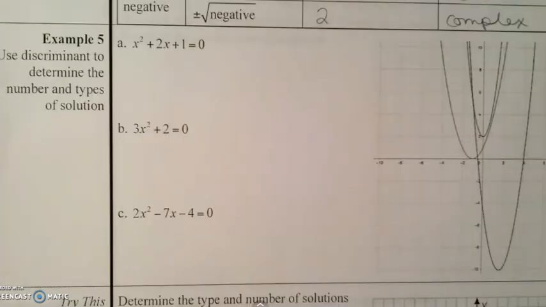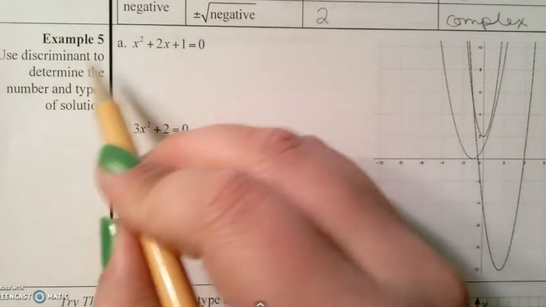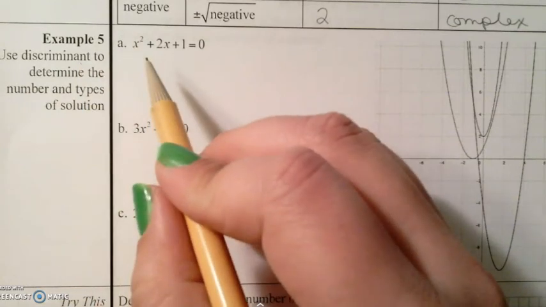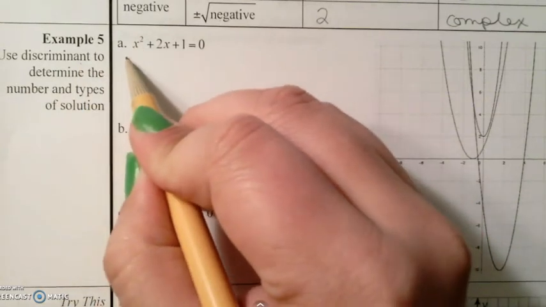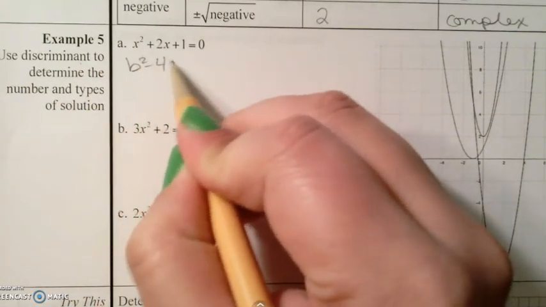All right, our last example for the day: we want to look at how many solutions and what type of solutions these equations have. Notice we don't want to find the solutions, we just want to know what type of numbers they are. In order to do that, we're going to look at what's called the discriminant, that was the radicand, inside of the radical, b squared minus 4ac.